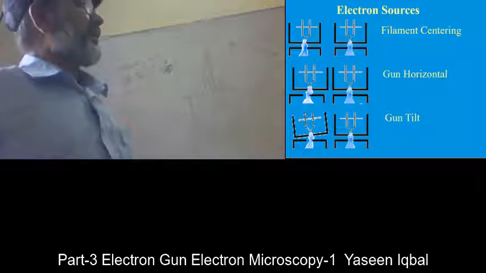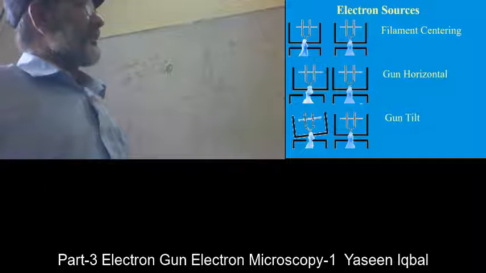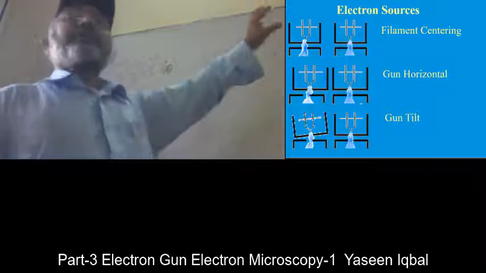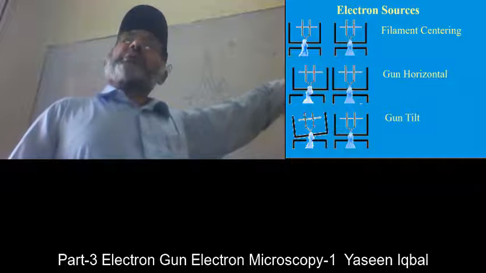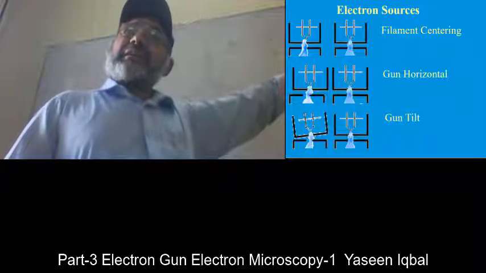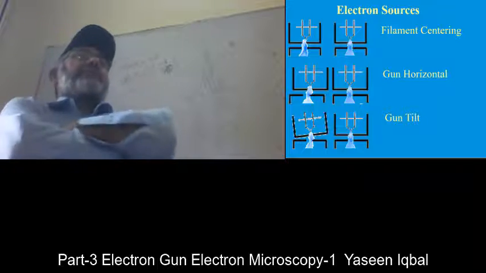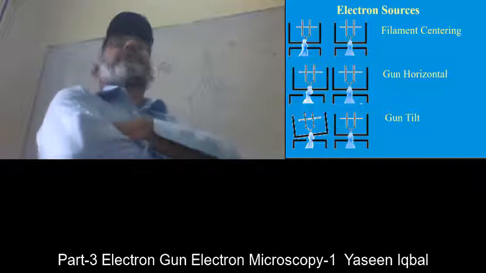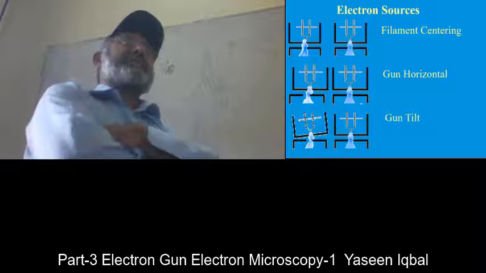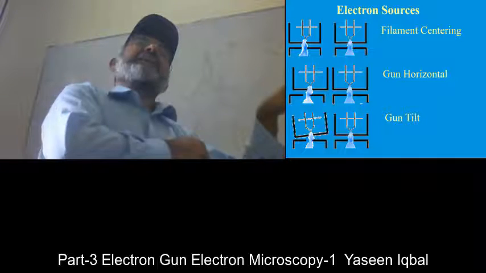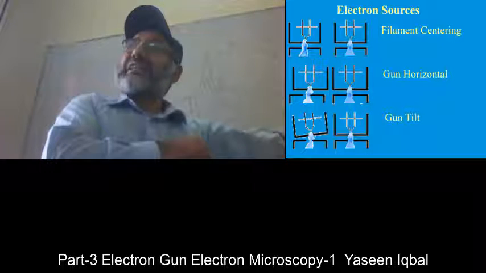Filament centering. Gun horizontal, gun tilt. So you have a complete assembly near the gun to center it. Because if the gun is not centered, you are talking of a nanometer scale tip, and if that nanometer size tip is slightly out of focus, then you don't see anything.